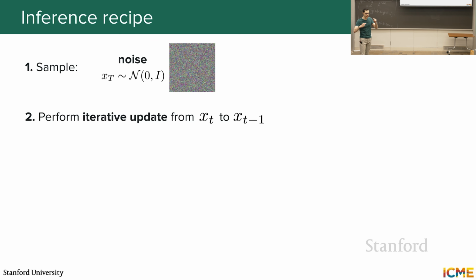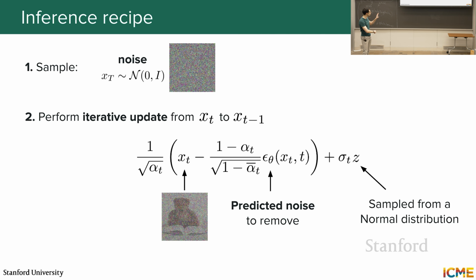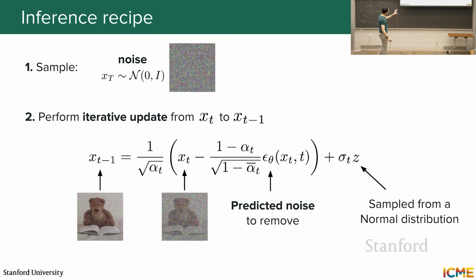And what you do is you go step by step from noise to less noise, to less noise, to less noise, up until arriving at t equals 0, which is clean image. And here, you use the expression of p theta of xt minus 1 given xt, which is something we have derived, which is a function of the noisy image and the predicted noise that you can remove.